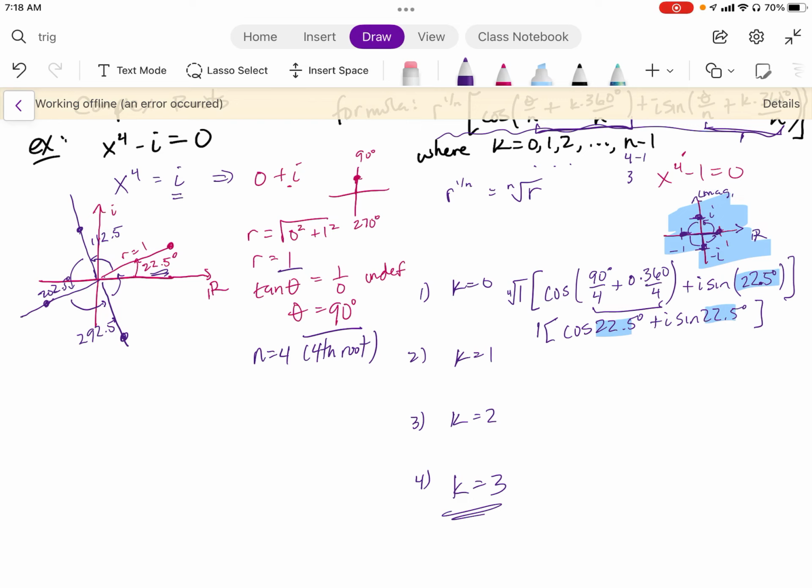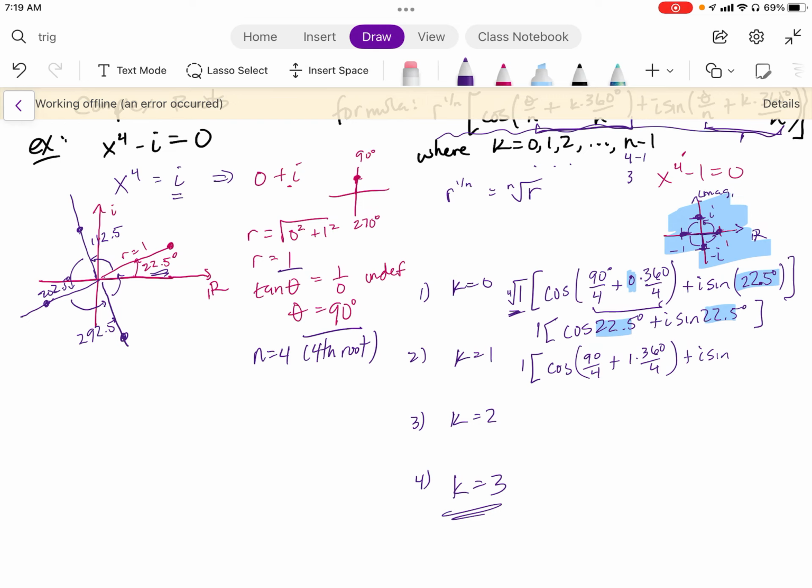So let's go ahead and use the actual formula though. So when k is 1, again, fourth root of 1, we already know is 1. I don't even need that there, but I'm going to leave it to show that we do have r. Okay, cosine 90 over 4 plus k is 1. The only thing changing is this. So 1 times 360 over 4 plus i sine whatever we get.